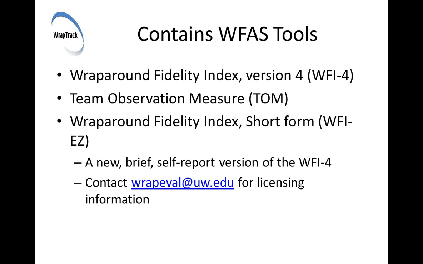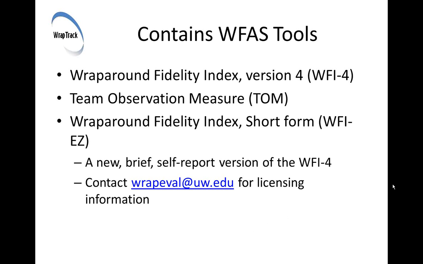Sorry, I missed that. Okay, so we'll focus a little bit on all of those things, probably highlighting the Wi-Fi a little bit more since everyone on the phone uses that. However, if you're interested in learning a little bit more about the Wi-Fi-EZ or possibly using that instead of the Wi-Fi-4, you can always contact us here at RapEval, and we'll let you know the steps to take.